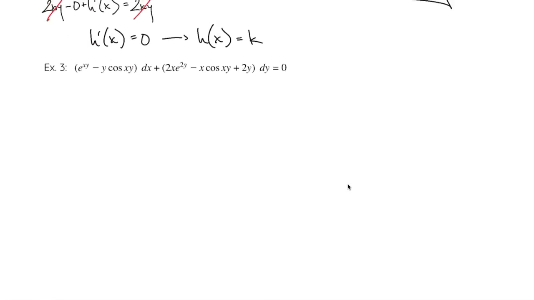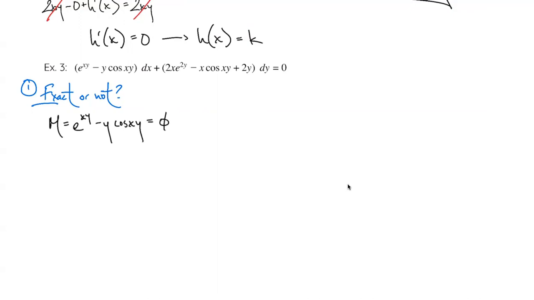So let's start the same way. We're going to go ahead and determine, is this exact or not? And again, we're going to do that by saying that M, which is our e to the xy minus y cosine xy, we want that to be equal to phi sub x. And we also want N to equal 2x e to the 2y minus x cosine xy plus 2y.